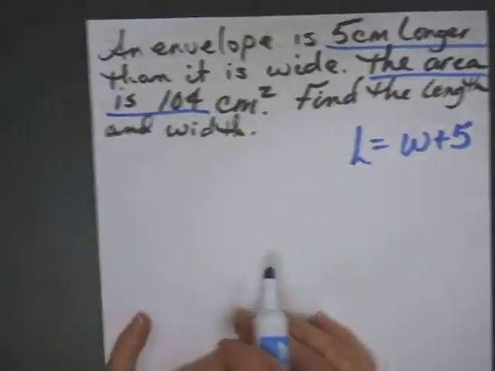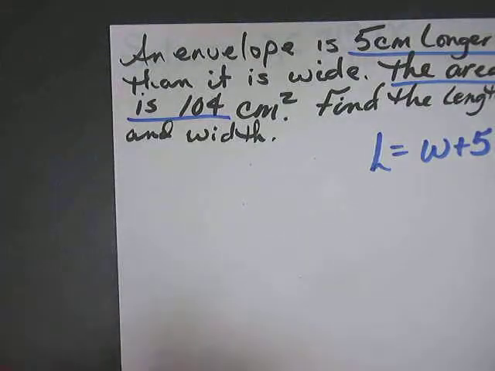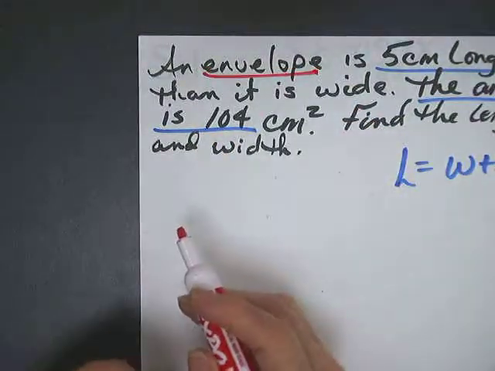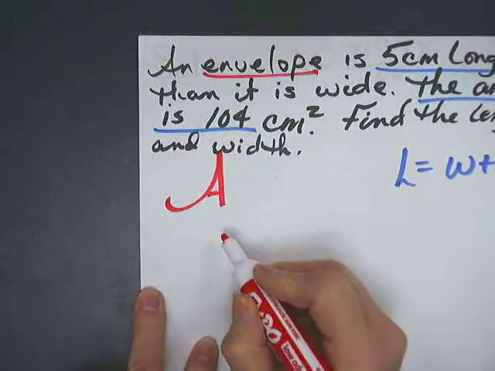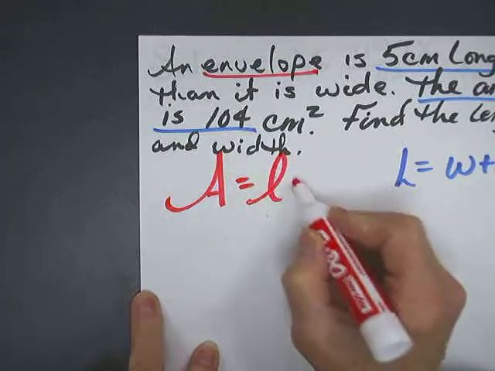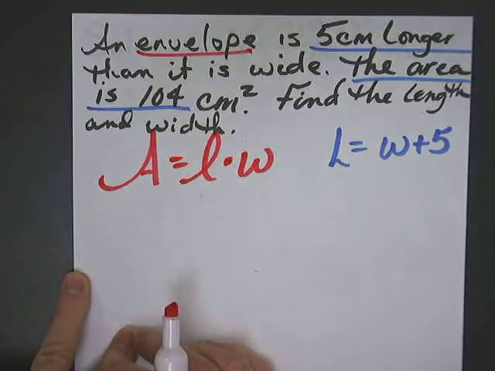Okay, we know what the area is, right? What's your formula for area of a, what shape is an envelope? Rectangle? What's the area of a rectangle? Length times width times height. That's volume. Oh, that's volume. Length times width is the area.